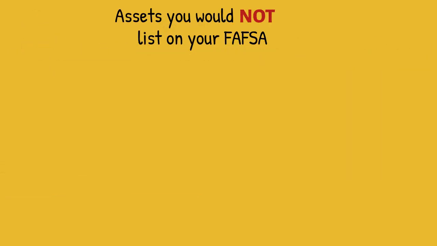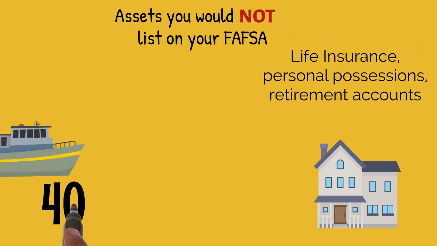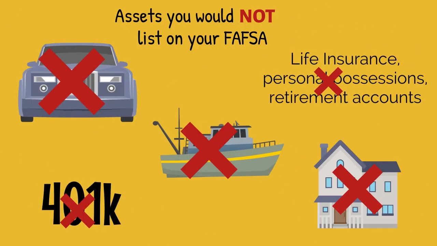You may be surprised to learn what you don't have to report as an asset on the FAFSA. These items include the home you live in, retirement plans, life insurance policies, or personal possessions.